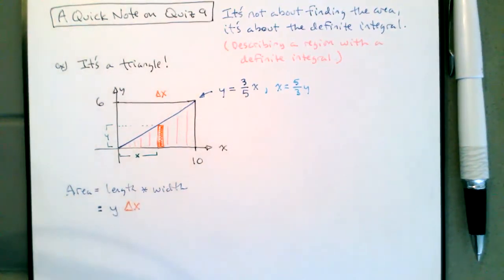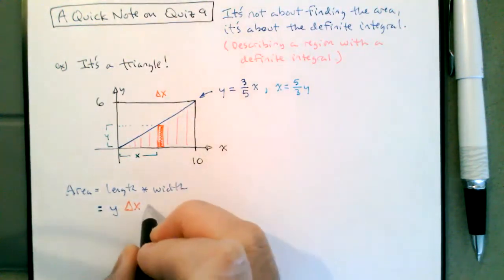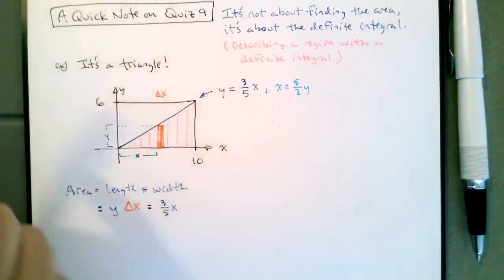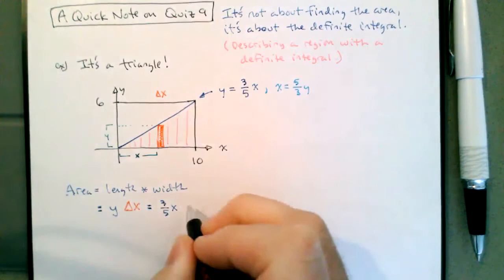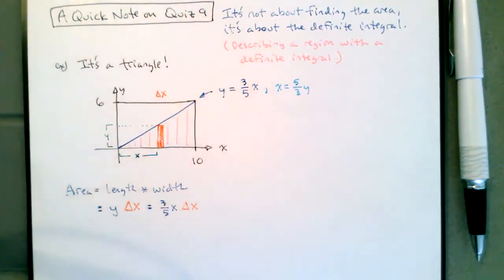But I can't integrate y delta x. I need to have a function of x. So I replace the y with 3/5 x times delta x. So here's an expression for the area of that rectangle. Now I just have to integrate all of those rectangles. And the rectangles happen from x equals 0 to x equals 10.